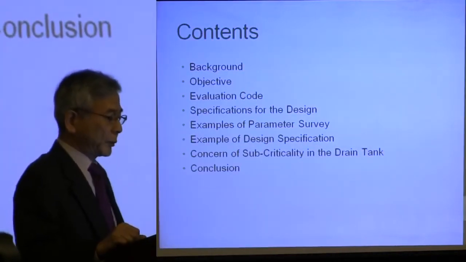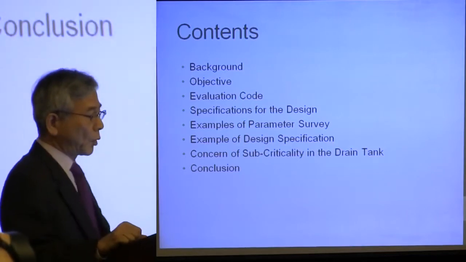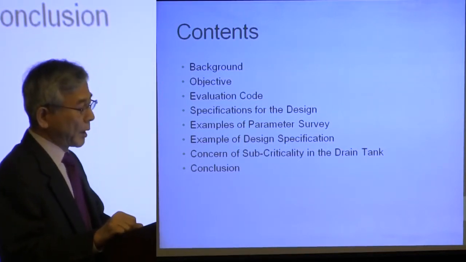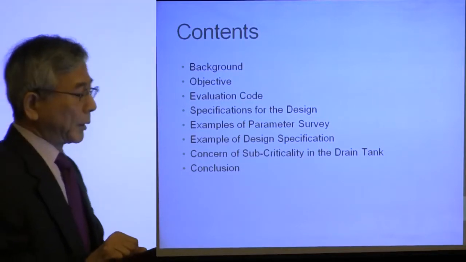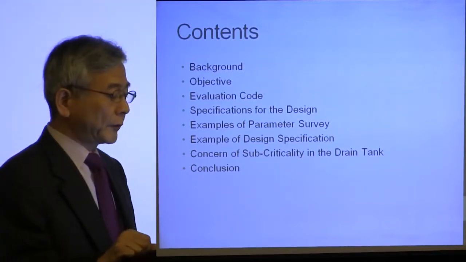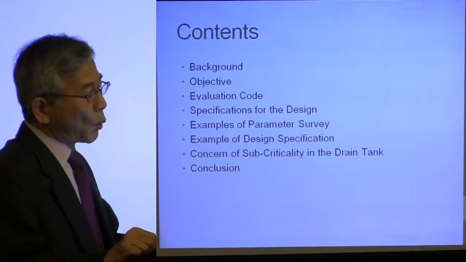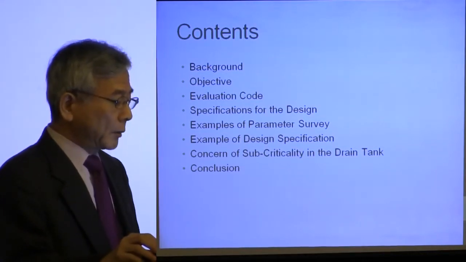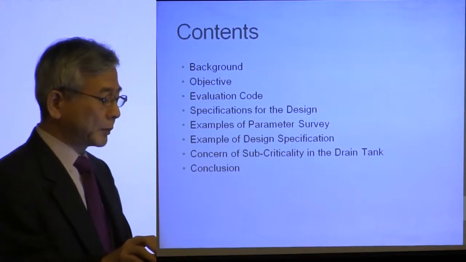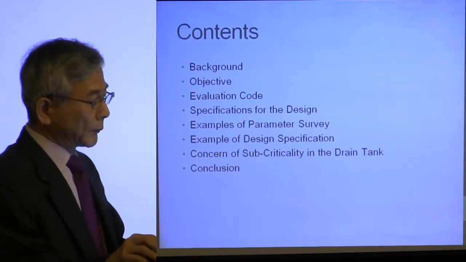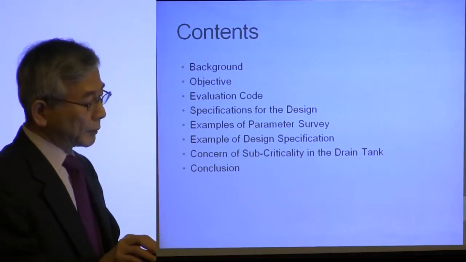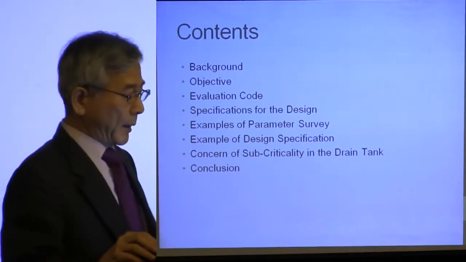I will briefly explain the evaluation code, the evaluation of the cooling system, and the specification of the design. That means what our objective for the design is. And I will explain some examples of parameter survey, and finally one of the design examples.